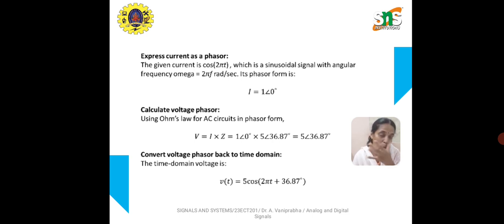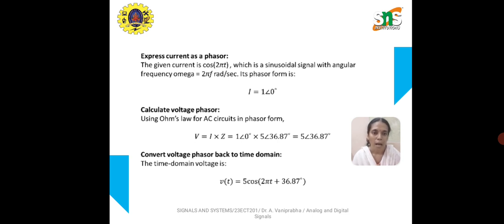So as to find the voltage around the closed loop for the given circuit, we have to follow Ohm's law, V is equal to I into Z, which is a product. Therefore, we have to convert the current and the impedance into phasor form, so as to multiply the current and the impedance.